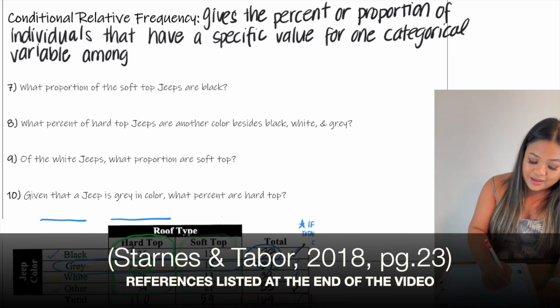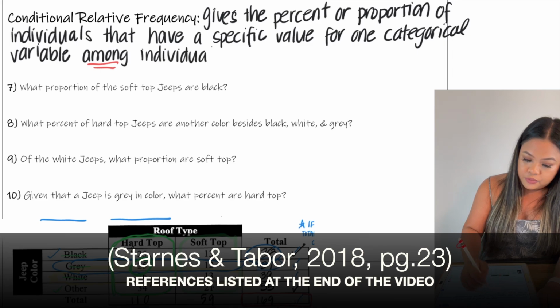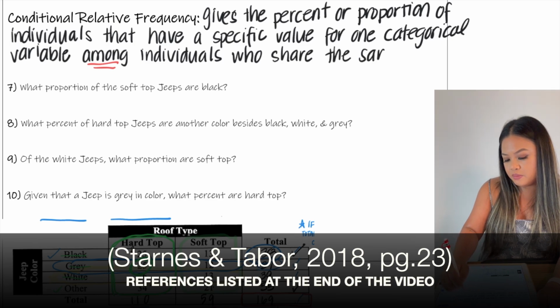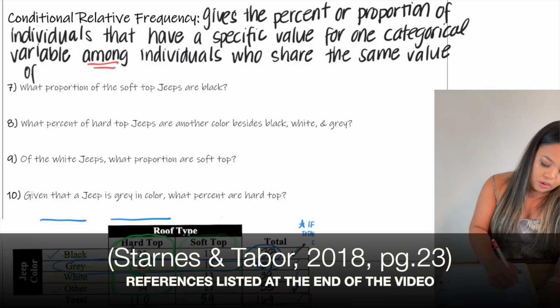Last time it was "and," now it's "among" individuals who share the same value of another categorical variable.